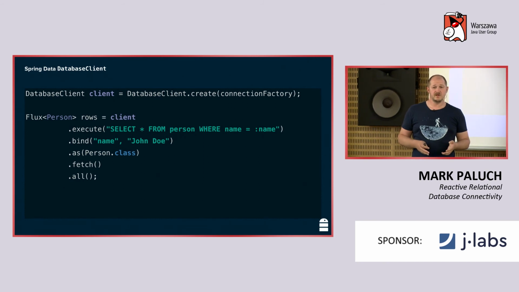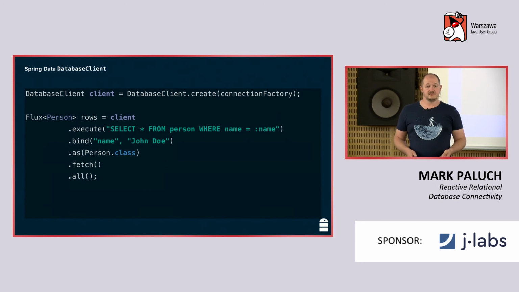For the web part, we have this web client, which allows us in a functional way to express how we want to interact with HTTP resources, right? And for databases, we have the database client. We create it with a connection factory, and then you can express in a fluent way how you want to access your data. And one of the entry points to the database client is the execute method.